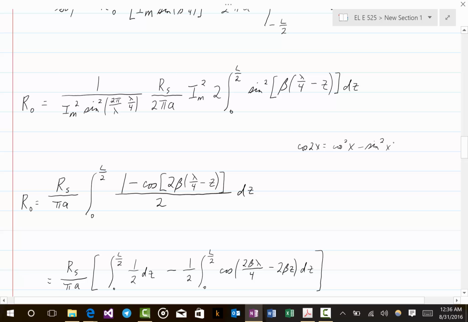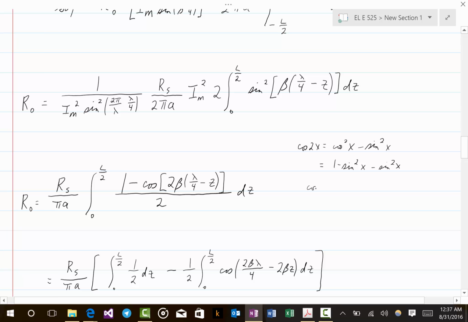That just comes from the cosine of a sum formula, because cosine of 2x is the same thing as cosine of x plus x, and so you get cosine squared x minus sine squared x. But remember that cosine squared x is the same thing as 1 minus sine squared x. And then we pull down the other sine squared x.